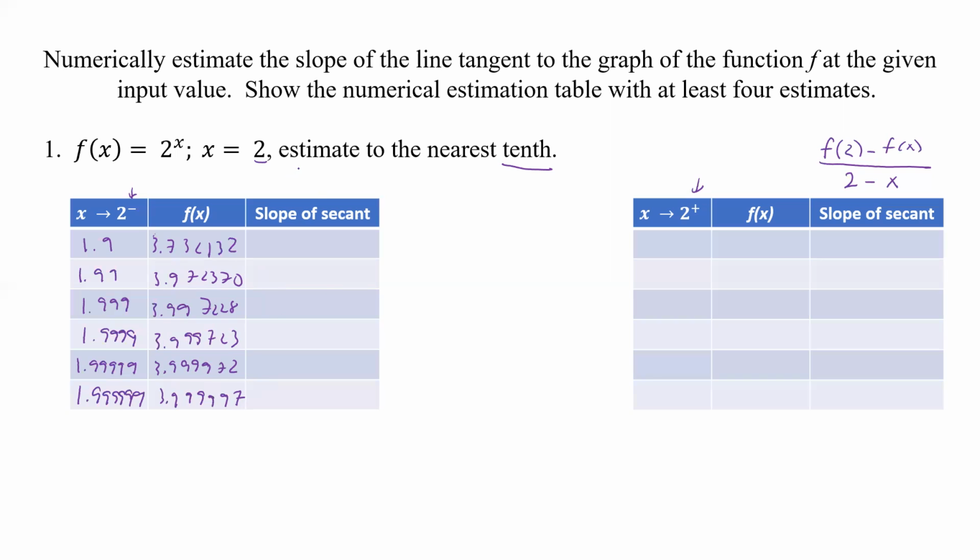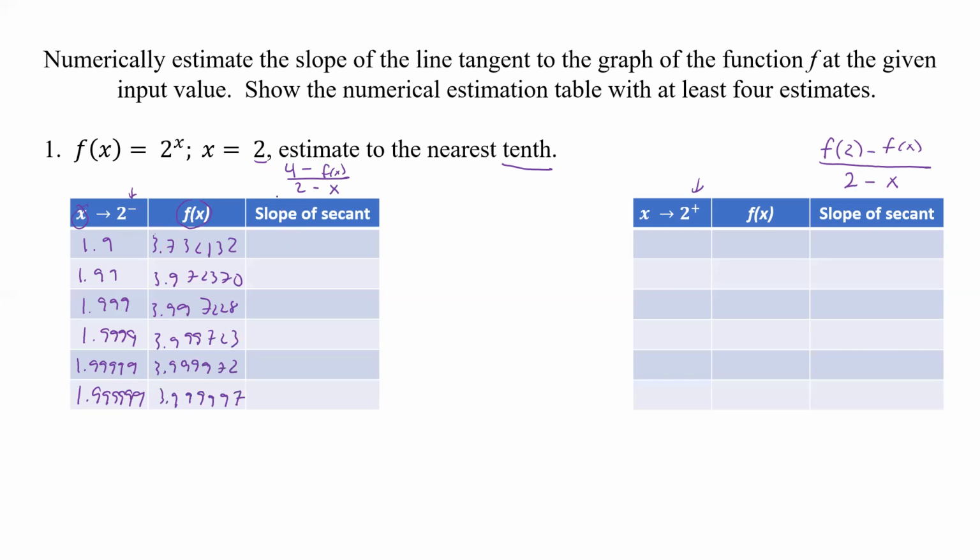Now what we're going to do is we're going to take f of 2. Well, if we plug in 2 here, that's 4. So basically we're going to take 4 minus our f of x over 2 minus our x, whatever that is. So we're taking, that's our f of x. This is going to be our x, and we know our 4 and 2.